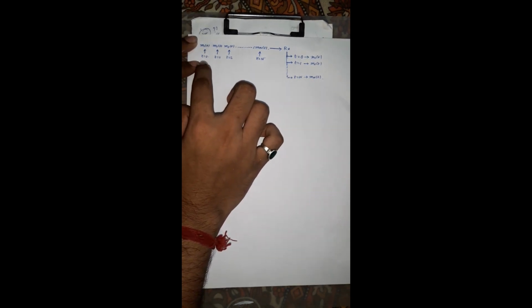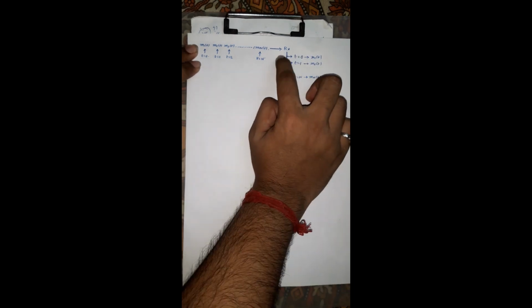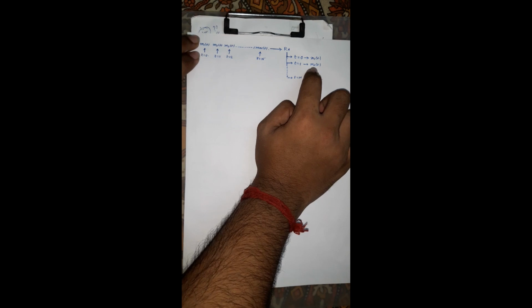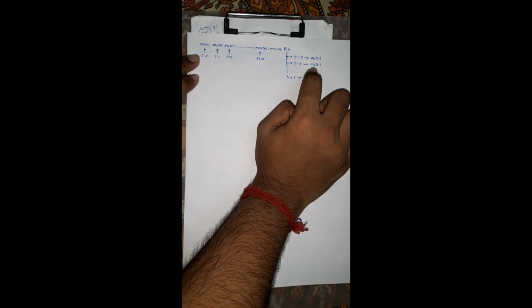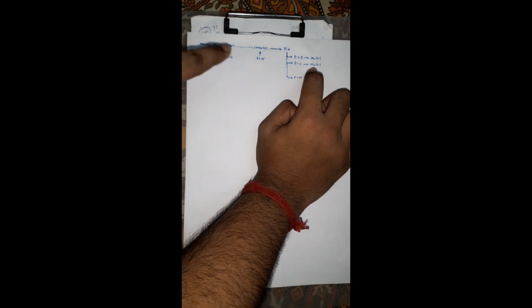Only M1(t), the first message, because at t equal to 0 only the first message was sent. No other message was present in the channel.